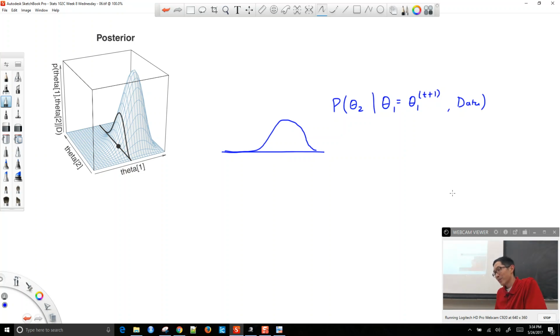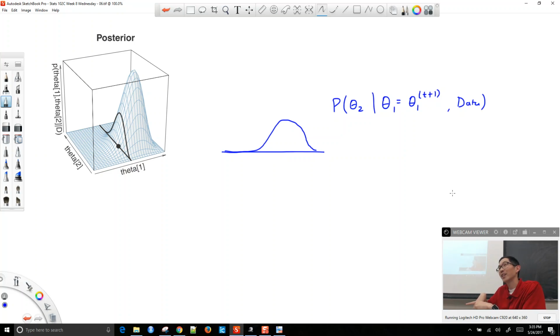Earlier on, I said in order for us to use Gibbs sampling, we need to know the form of these conditional distributions. And there's also the assumption that drawing a sample from the conditional distribution is easy. If the conditional distribution itself is not easy, then you might have to use another method to draw a sample from that conditional.